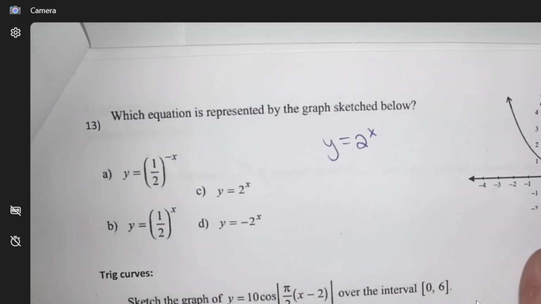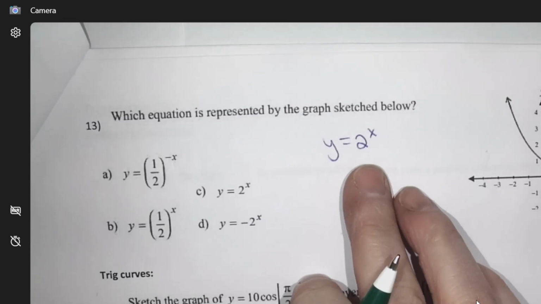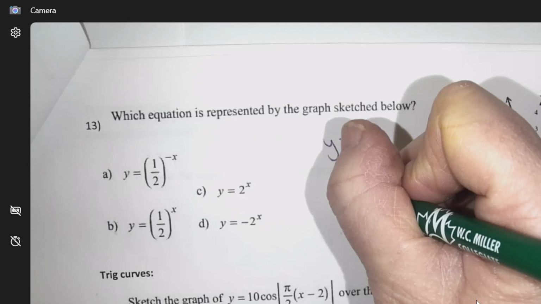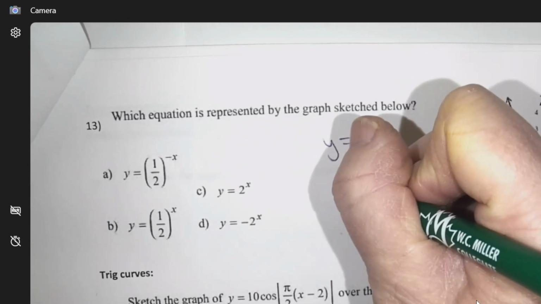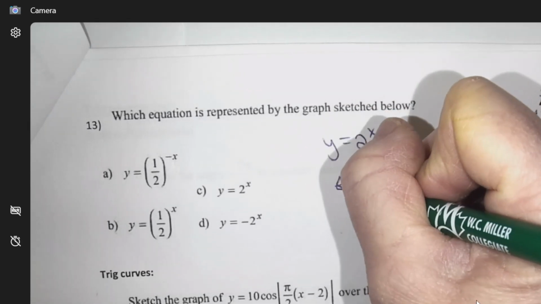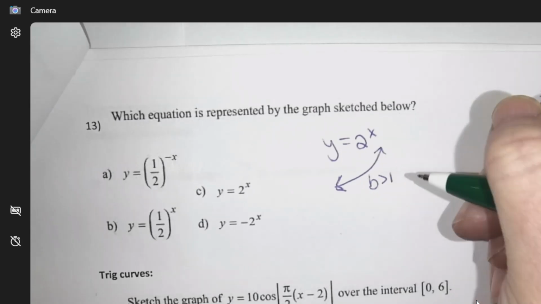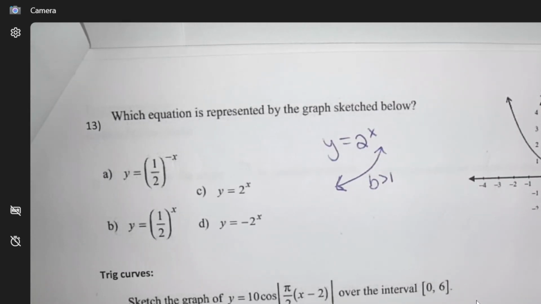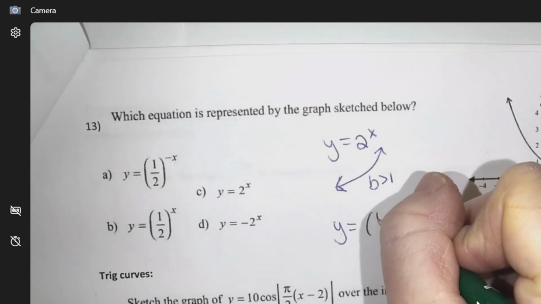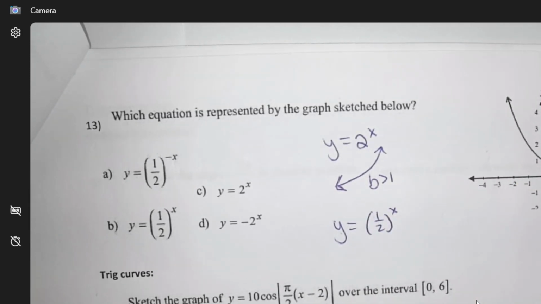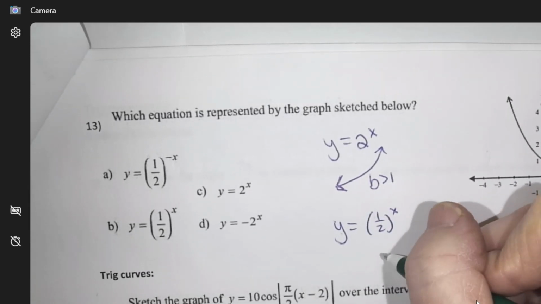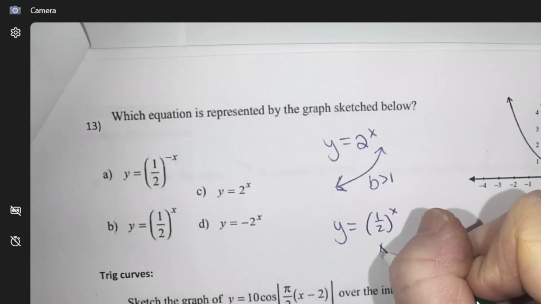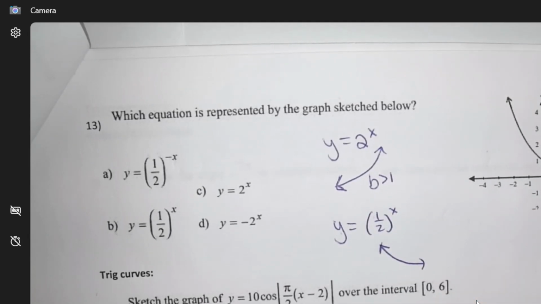Okay, what do you know about this? If the base is 2, what happens to something with a base of 2? It will grow. If the base is bigger than 1, it grows. And what happens when the base is less than 1? It decreases.